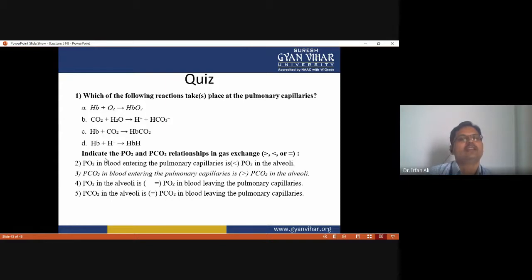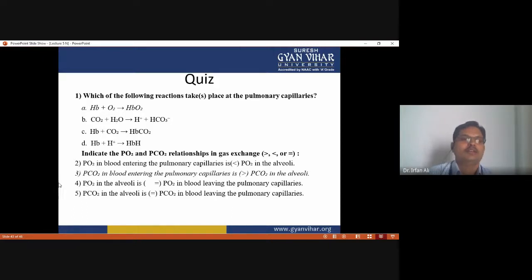While the reaction of carbon dioxide plus water takes place in the RBC, and Hb plus CO2 forms HbCO2, and this reaction takes place in the blood, and Hb plus H+ forms HHb, reduced hemoglobin. This reaction takes place at the RBC. So the correct option is A.